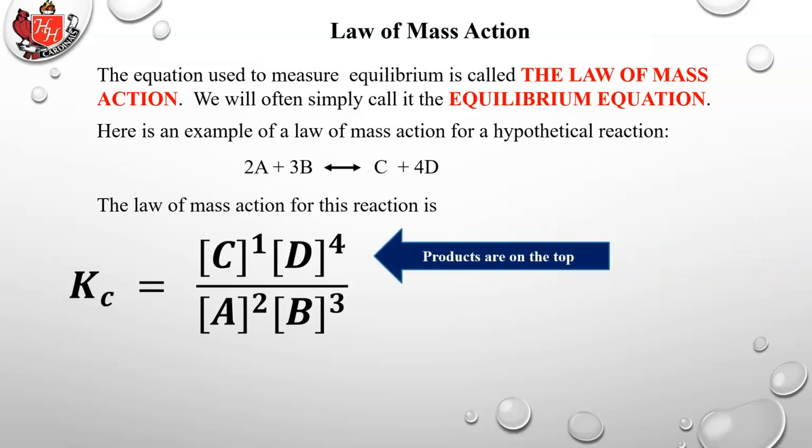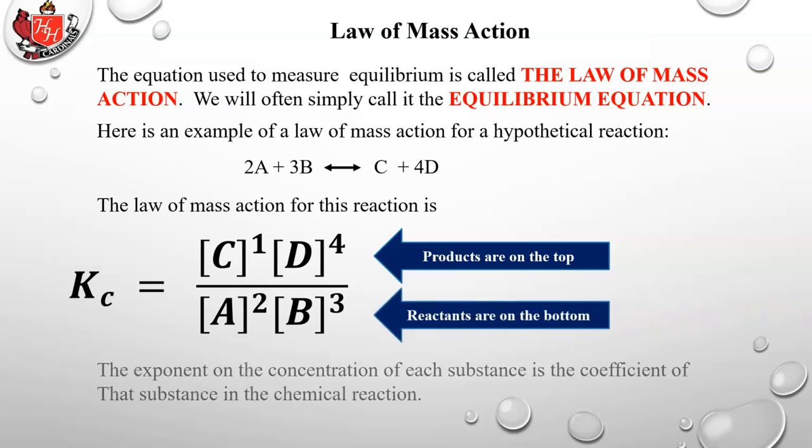The products are on the top and the reactants are on the bottom. The exponent on the concentration of each substance is the coefficient of that substance in the chemical reaction. We said that you can't use coefficients for exponents when we did kinetics and the rate law, but you do use the coefficients as the exponents when you use an equilibrium equation.